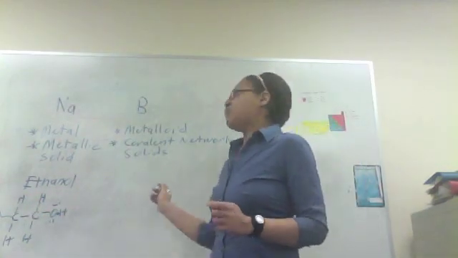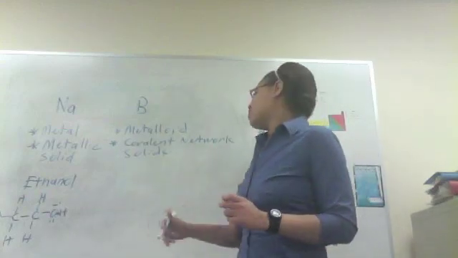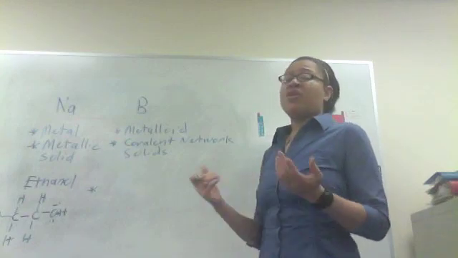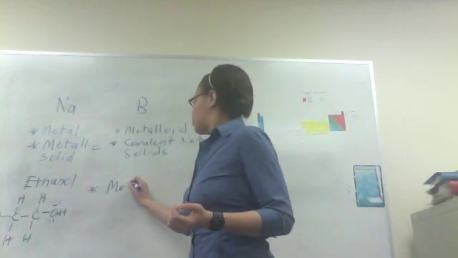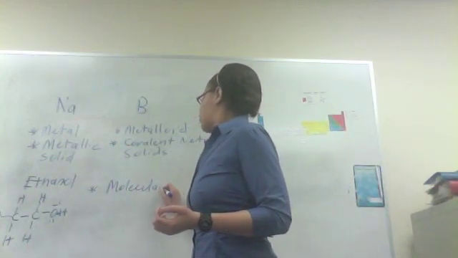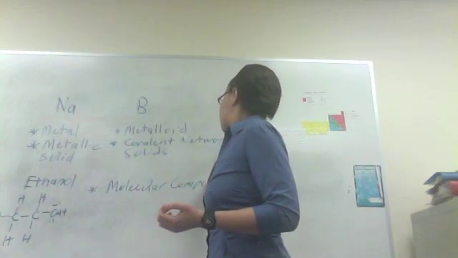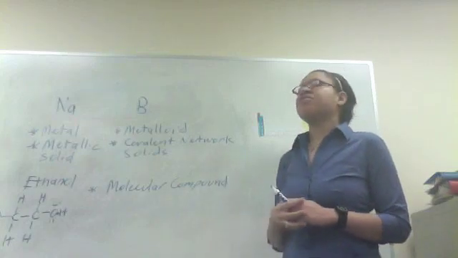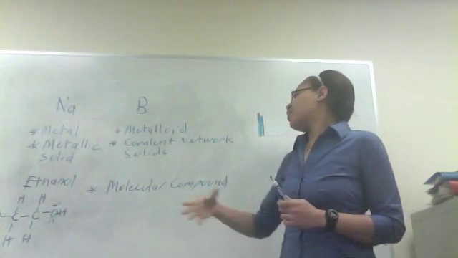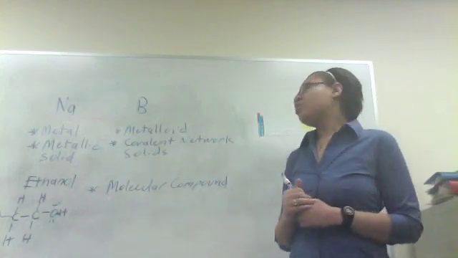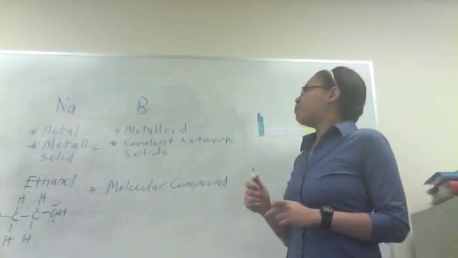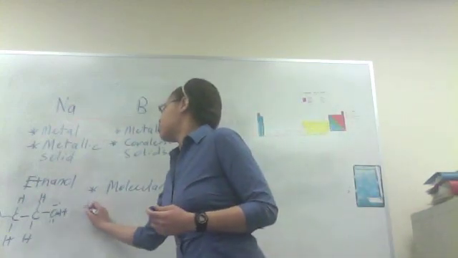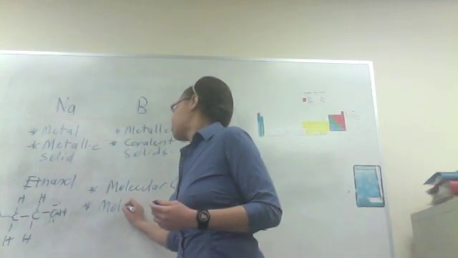Okay, so ethanol, if you want to classify this type of compound, it's a molecular compound. If you remember way back from the beginning of the term, molecular compounds are compounds that are made of nonmetals. So if you have a molecular compound, you would expect the molecular compound to form a molecular solid.